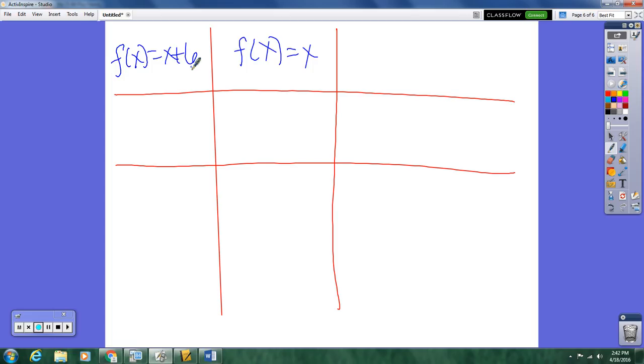We said horizontal shift 6 units to the left. So you're going to write horizontal shift 6 units to the left.